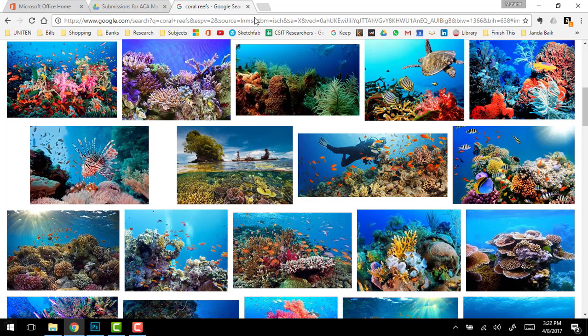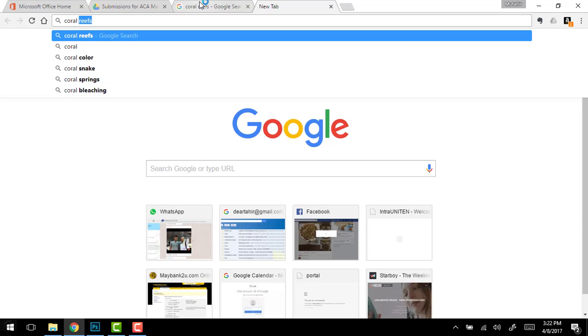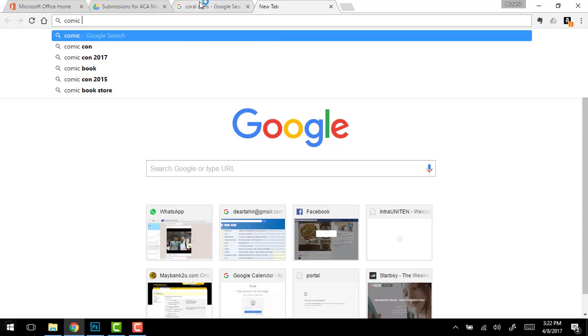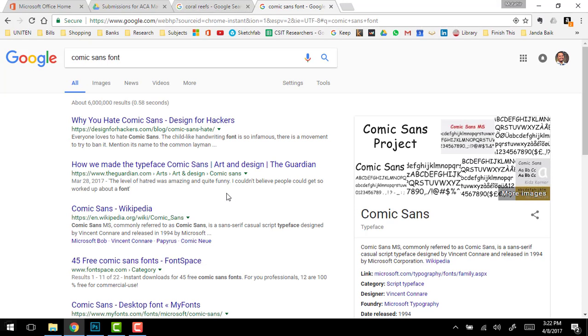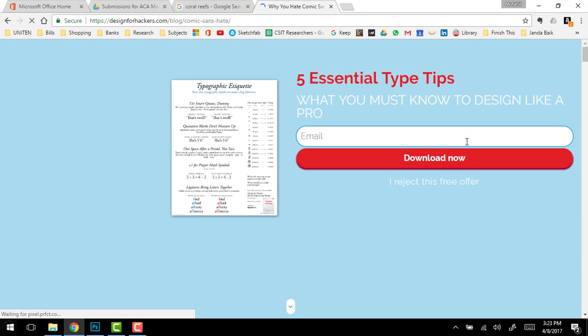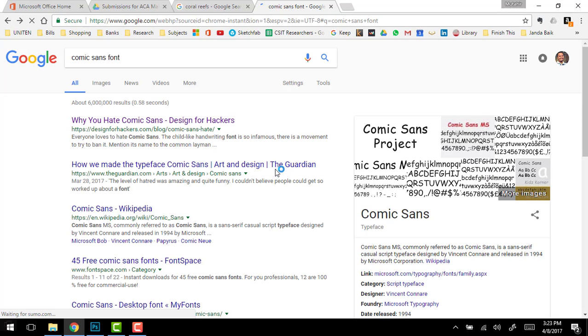Now, have you ever done research about Comic Sans? In the graphic design world, Comic Sans is one of those fonts that you just try to avoid. If possible, never use it at all, because it's been used too much in all sorts of media, and it looks very amateurish.